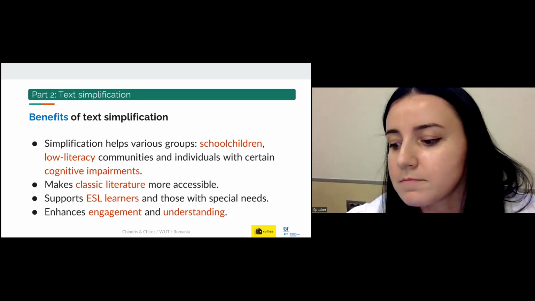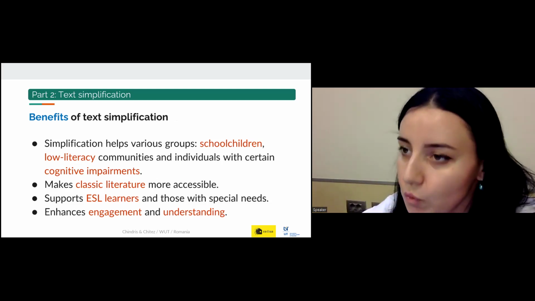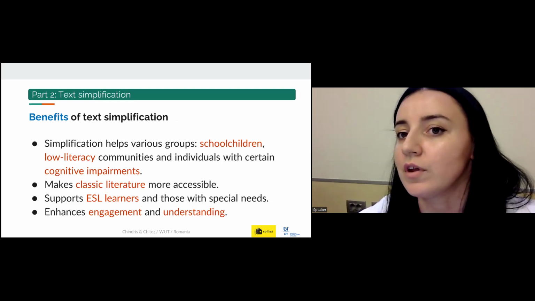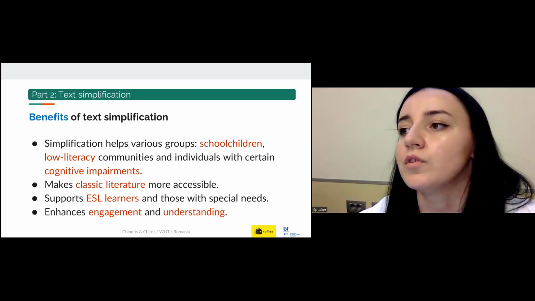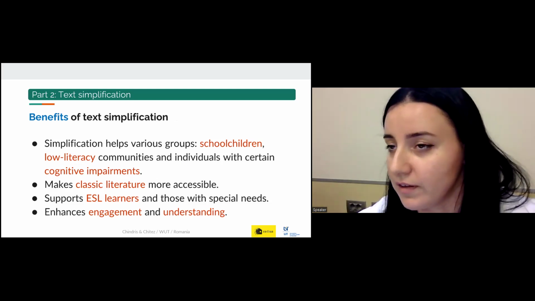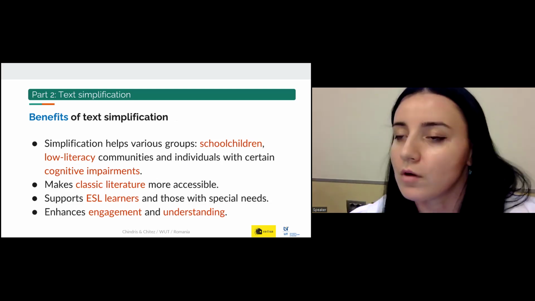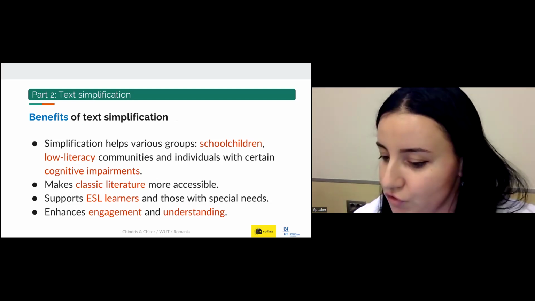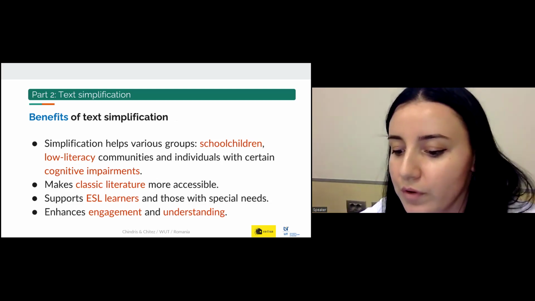Okay, of course, simplification helps various groups of individuals, and I'm referring to school children, low literacy communities, and individuals with certain cognitive impairments. From an educational perspective, it also makes classic literature more accessible, more appealing to the readers.